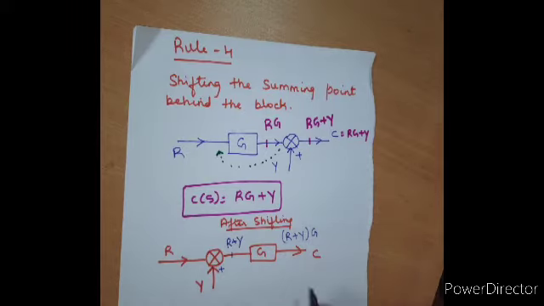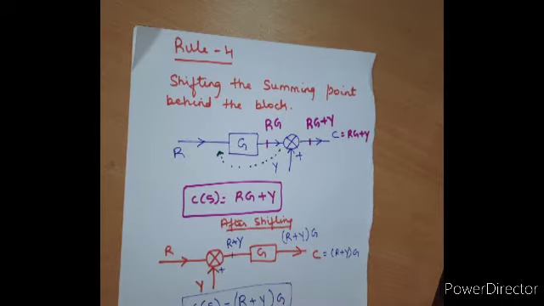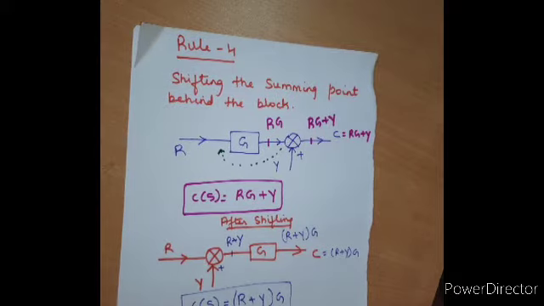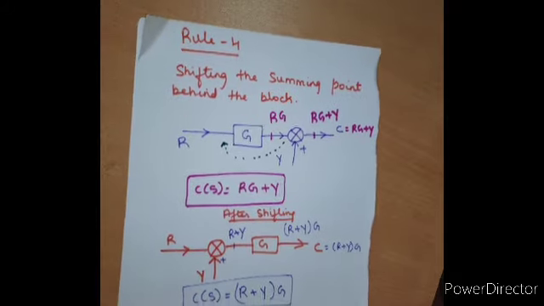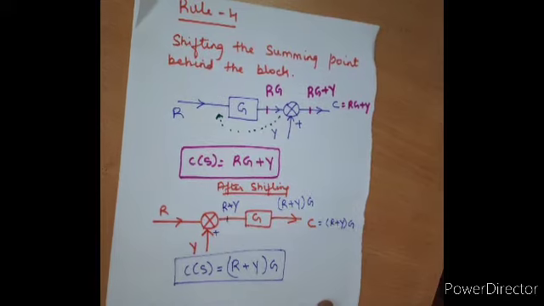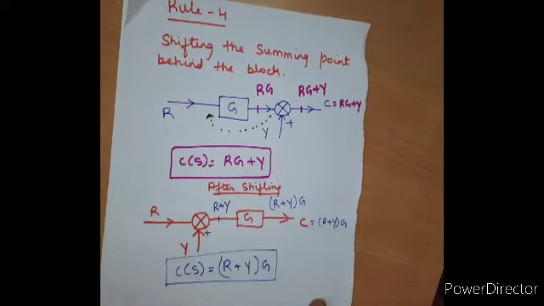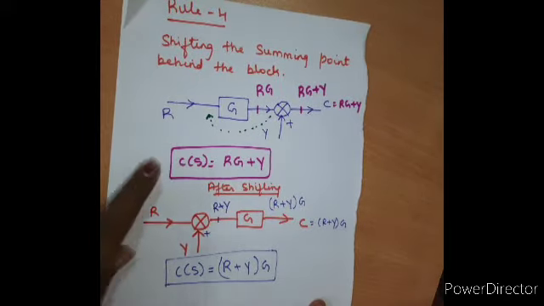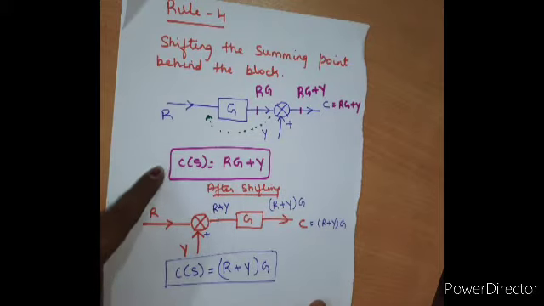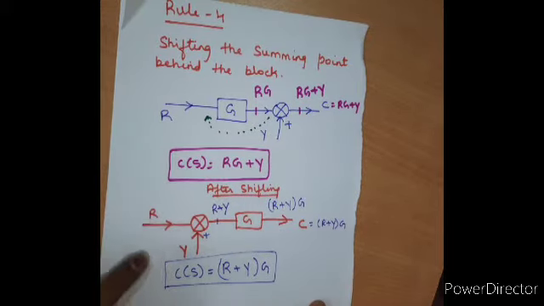So C is R plus Y into G, and the expression is C of S equals R plus Y into G. Are these both the same? No, they are not the same, but we have to make them the same. That is our task. Even after shifting the summing point, I should get the same C of S as earlier.